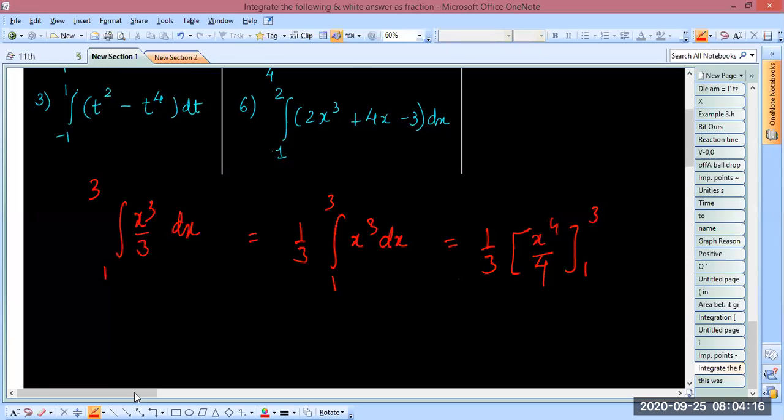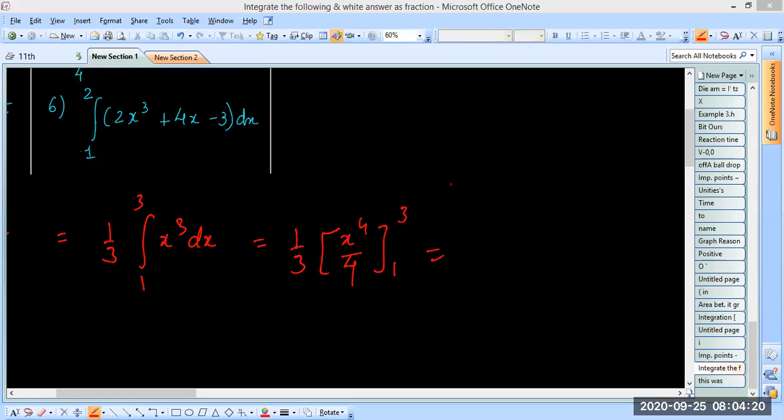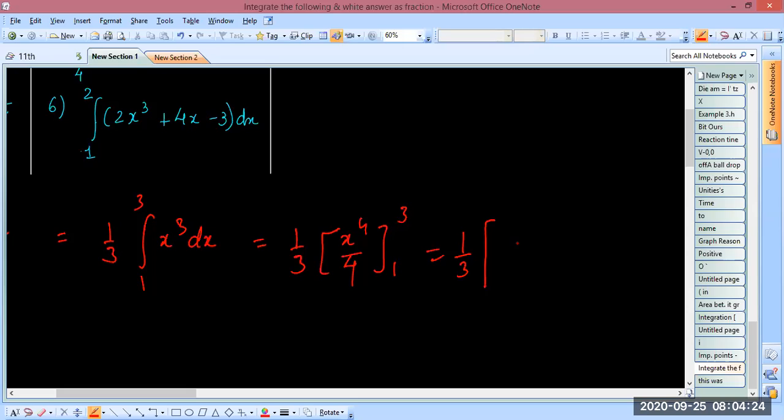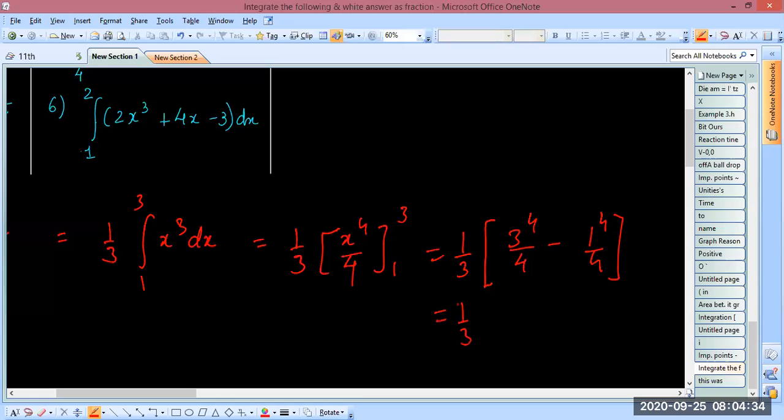So this is going to be 1 by 3, 3 raised to 4 by 4 minus 1 raised to 4 by 4. So that is equal to 1 by 3 and 1 by 12. In fact, if you want, you could just write it as 3 into 4. 3 raised to 4 is 81. 81 minus 1 is 80. So you can cancel this.